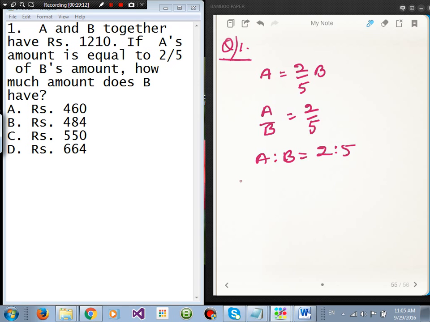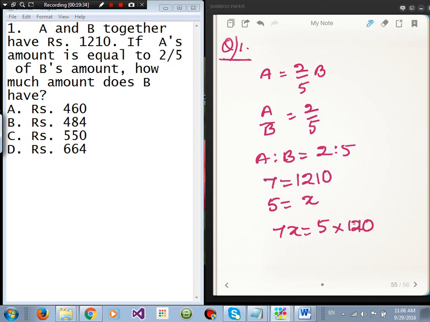Then the total how many parts are there here? Total 7 parts. The 7 parts are equal to 1210. Then the B's amount, I want 5 parts equal to some x. Now 7x is equal to 5 into 1210.